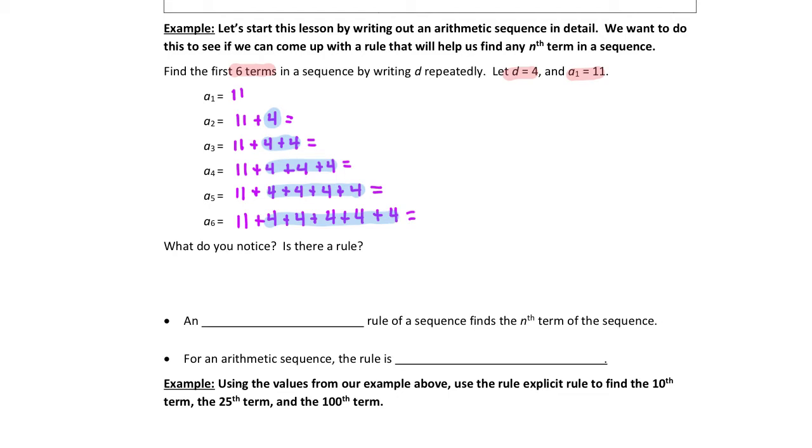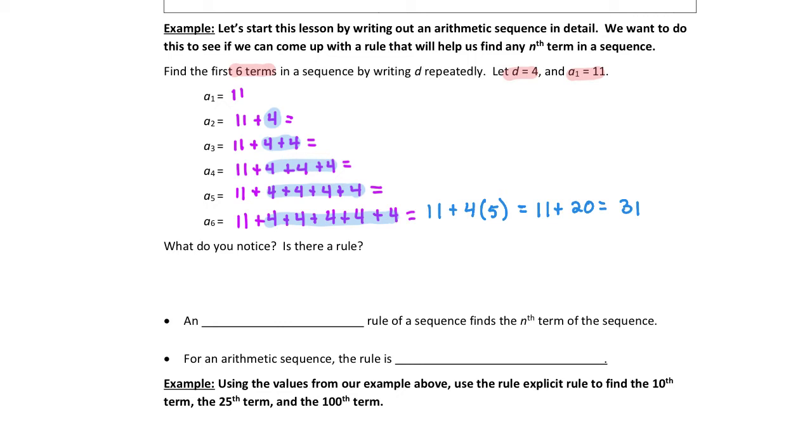It looks like I have 5 fours there, so I'm going to write that as 11 plus the 4, 5 times. I'm going to put the 5 in parentheses there to mean multiplication. Now this is easier to calculate because it's 11 plus 20, which is 31. And that was the last number in my sequence.